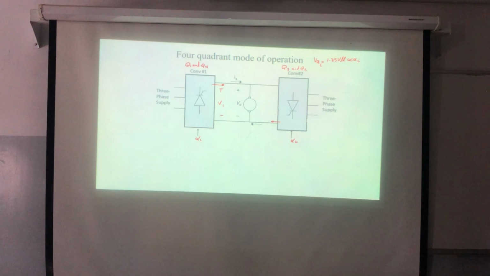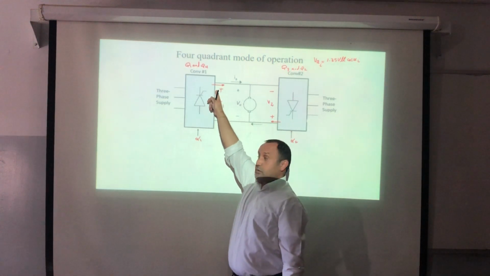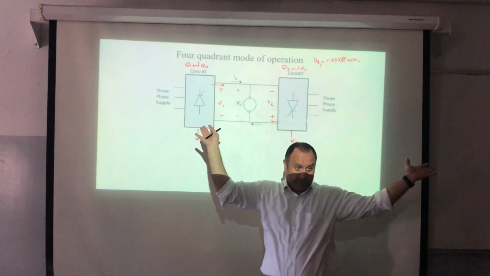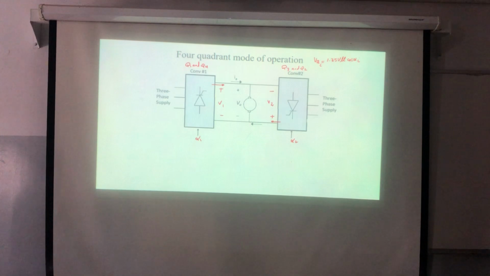The second one will produce a voltage, V2, in this sense. This is the positive for this one, and this is the positive as a reference. So, in order to prevent a short circuit, which is actually a circulating current, the loop voltage must equal 0. So V1 plus V2 must equal 0.